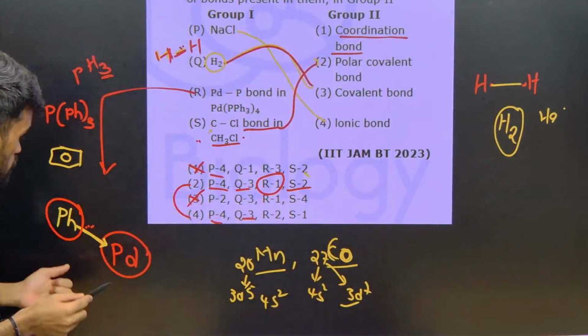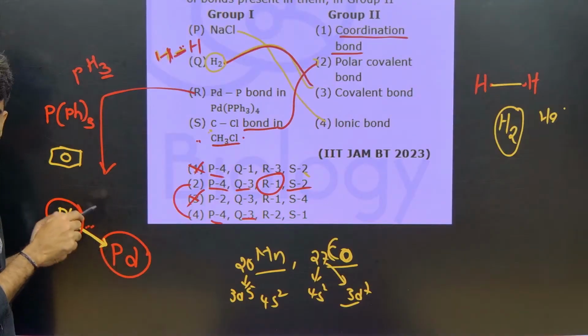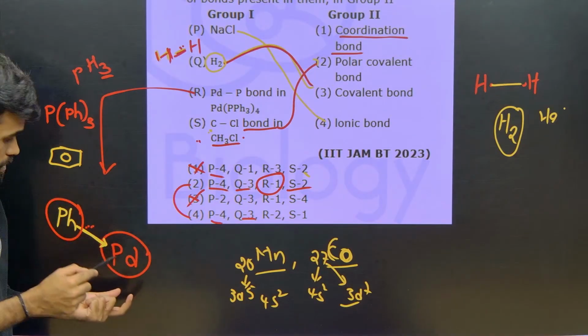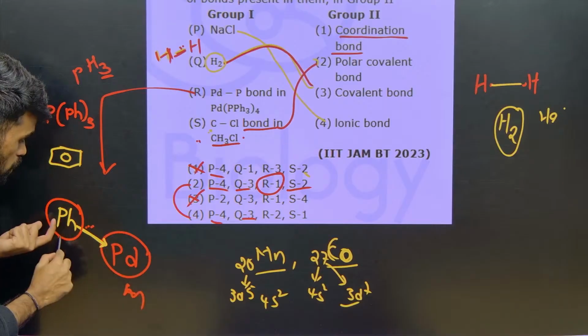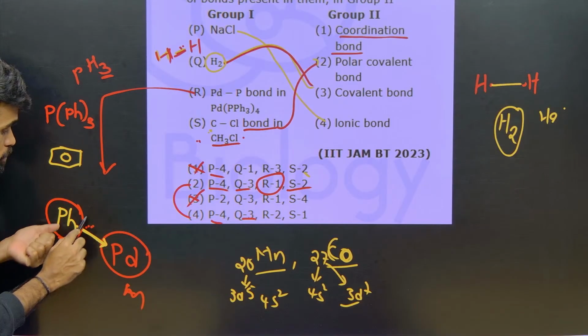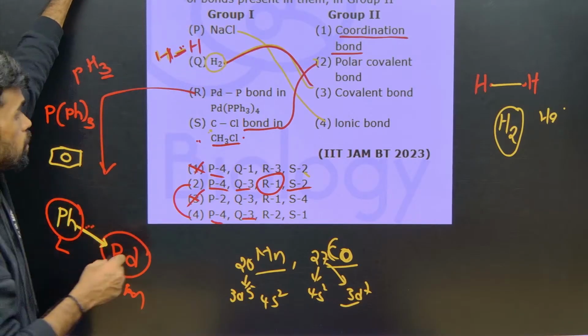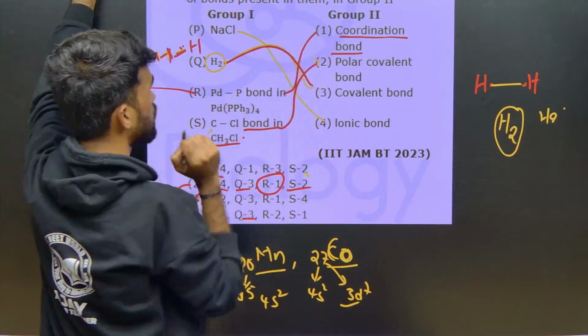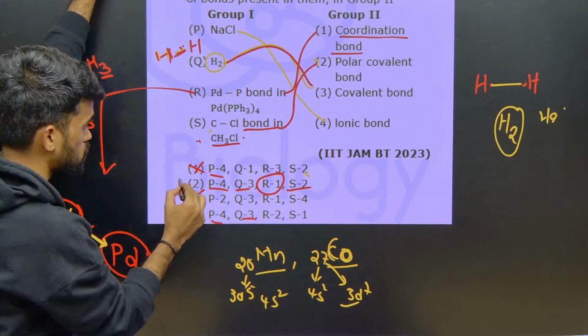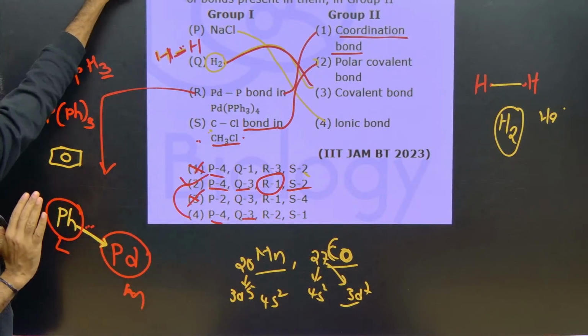In this coordination bond, the donation is from ligand to metal. Since this is the metal, these are called ligands. Ligands donate a pair of electrons to the metal. Those bonds are called coordination bonds. So that is R1, and that's why option number 2 is the perfect one. Hope it is clear now.